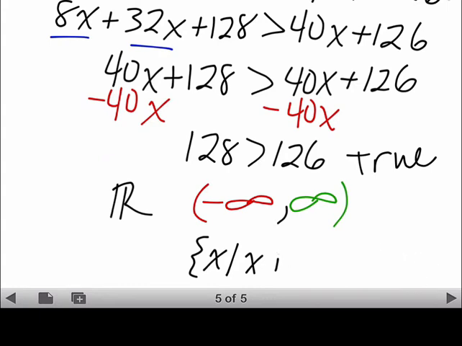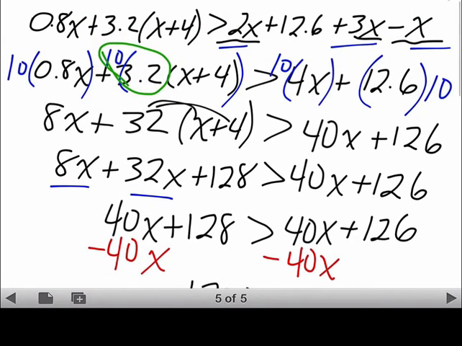I'd like to say x such that x is in the real numbers set. Close the barn door there, and this little e looking thing means it's an element of or is in the set.